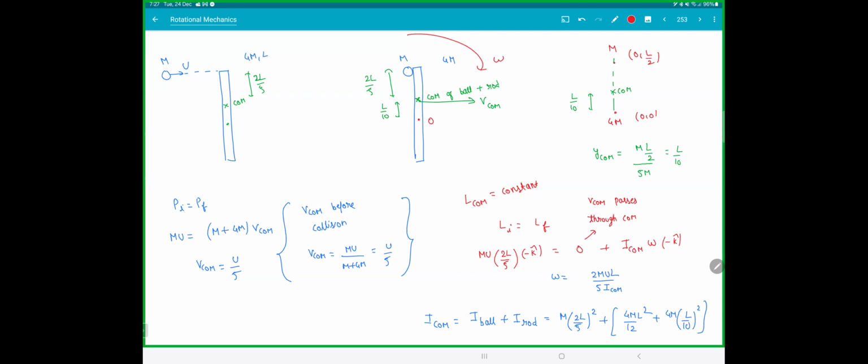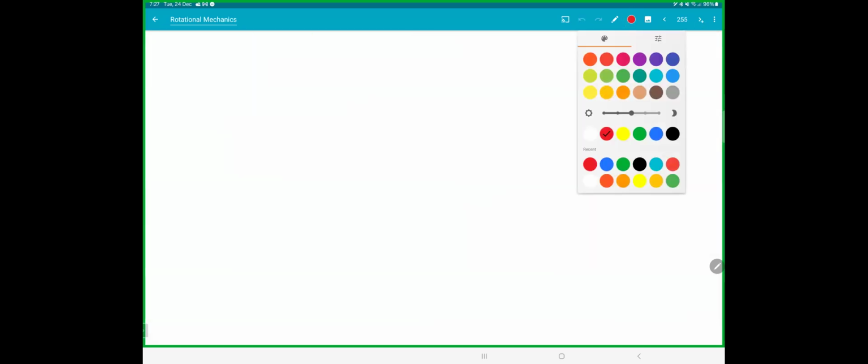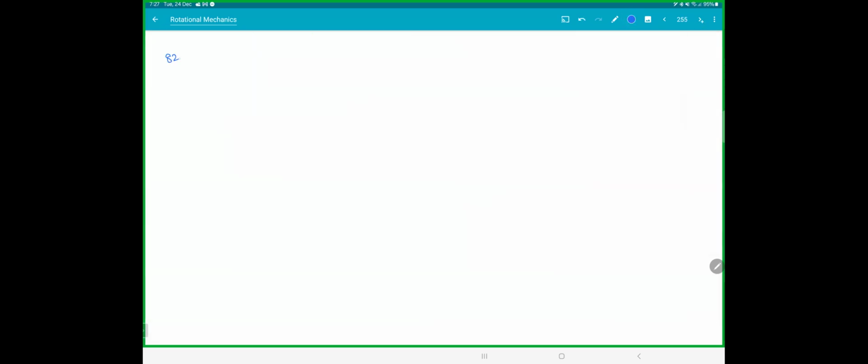Let's see one more. We got a rod here, mass M, length L. We got a ball here, small m, going with speed u. E is equal to half. This is the top view. The ball stops after collision.